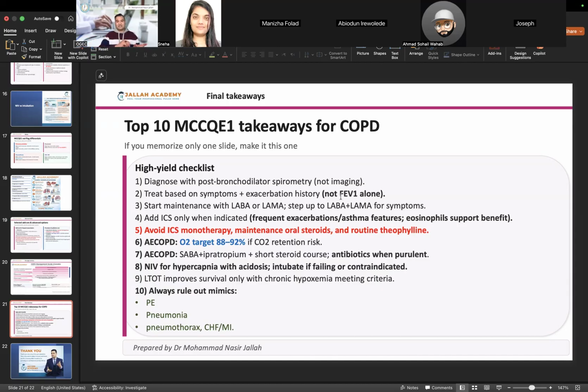They might ask you a question: which one of the following is used to check the severity of COPD? That is FEV1. Again, there are two words you need to pay attention to. The best way to find the severity is not based on the FEV1 alone. It should be the symptoms as well, or the BODE index, which includes the FEV1.